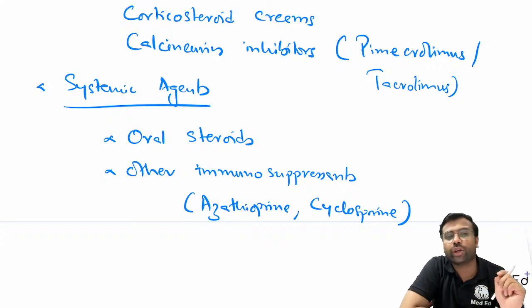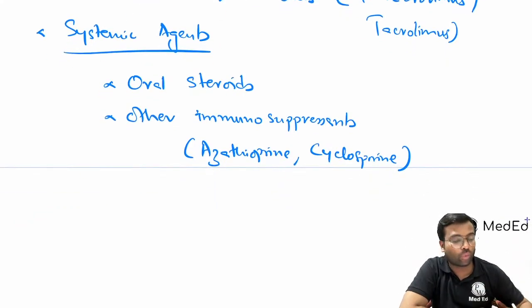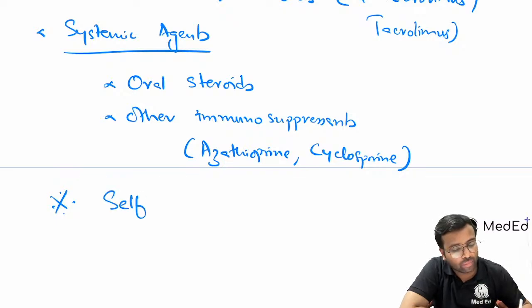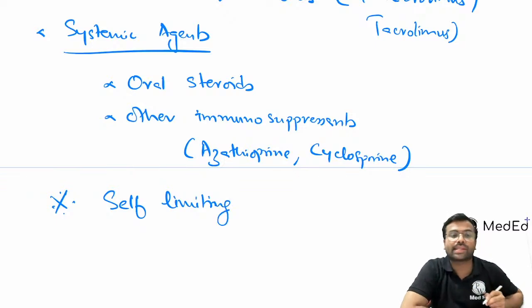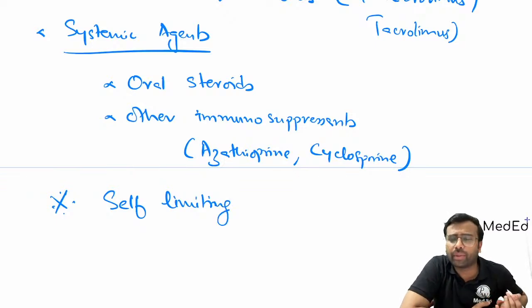But when you write down the management of lichen planus, you can also add one more very important sentence here, that this condition can be self-limiting. What is the meaning of self-limiting?